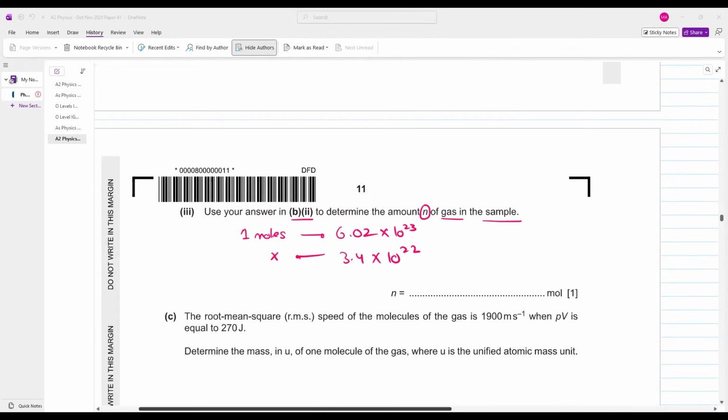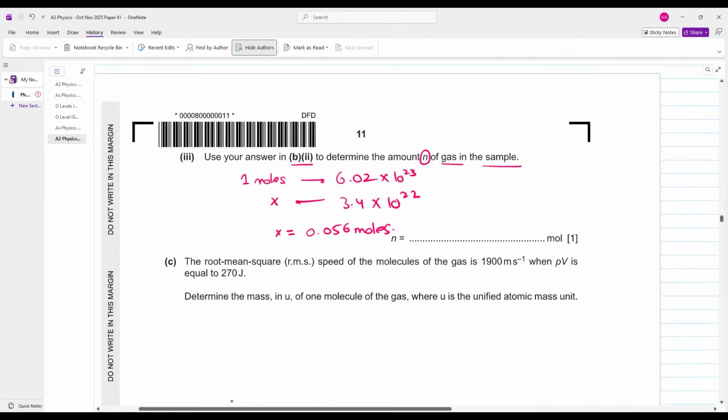How many moles? अगर एक मोल 6.02 × 10^23 molecules के इक्वल है तो 3.4 × 10^22 molecules कितने moles के इक्वल होंगे? What does x come out to be? x is equal to 0.056 moles. Simple. आगे बढ़ते हैं.